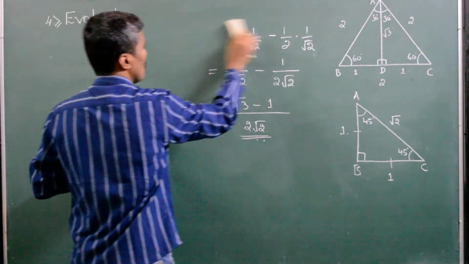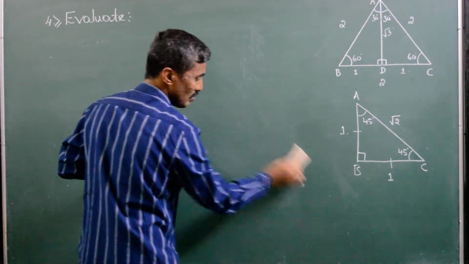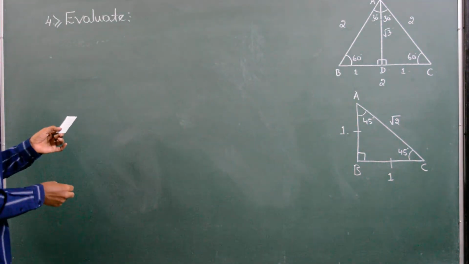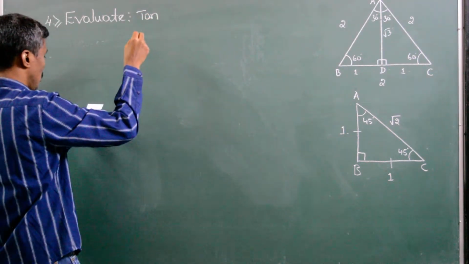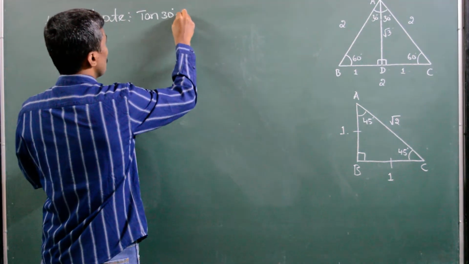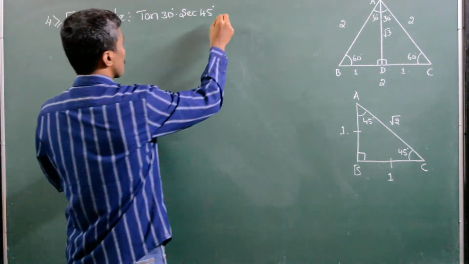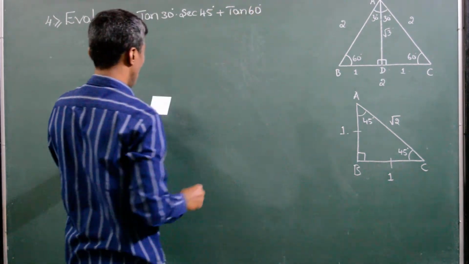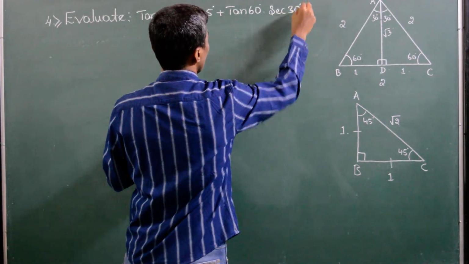So maybe if you know these figures, you may feel it is easier instead of memorizing the table. Evaluate tan 30 degree into secant 45 degree plus tan 60 degree into secant 30 degree.